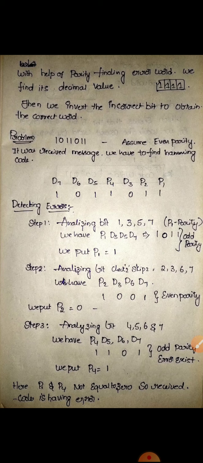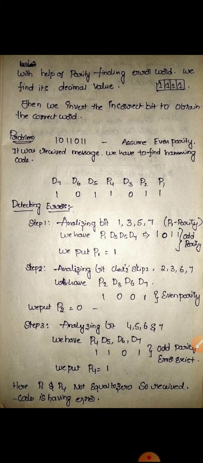Why did we put P1 is equal to 1? Because in that data word odd parity came, while at the receiver end even parity should be received, but here odd parity is present. So that's why we put P1 is equal to 1. In P2 parity we received the even parity, so we put P2 is equal to 0.